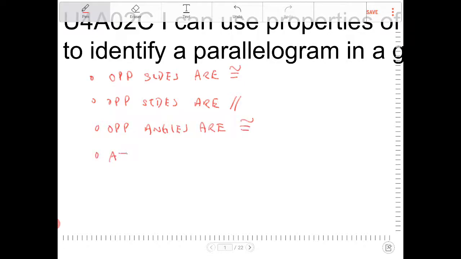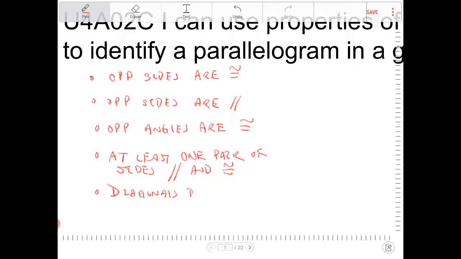We have at least one pair of sides parallel and congruent. And the fifth, last but not least, diagonals bisect each other.